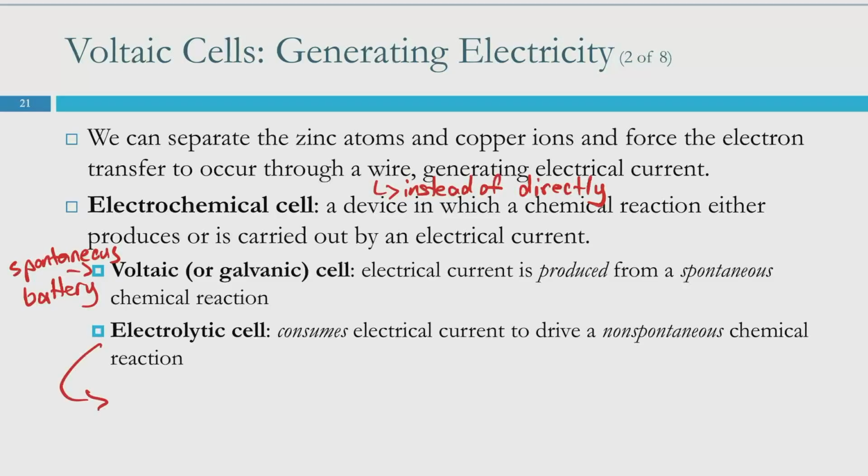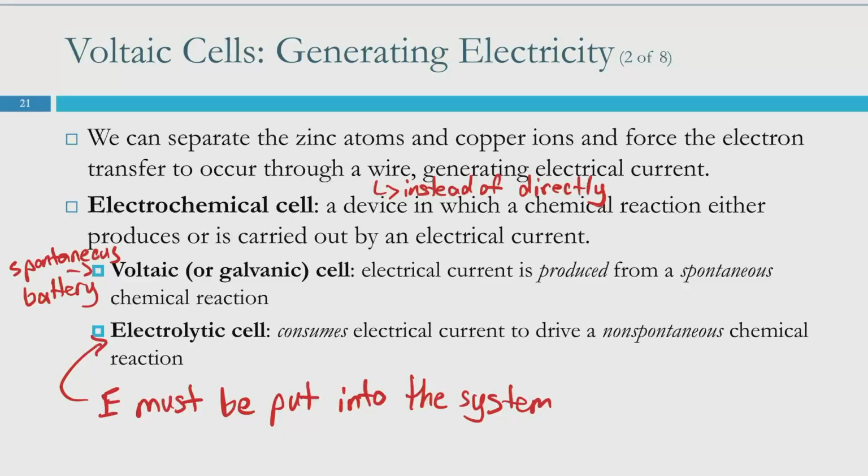An electrolytic cell requires energy. So this is a non-spontaneous electrochemical cell. And it consumes electrical current.